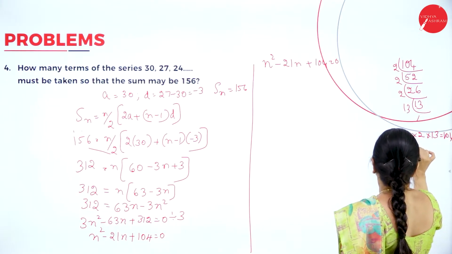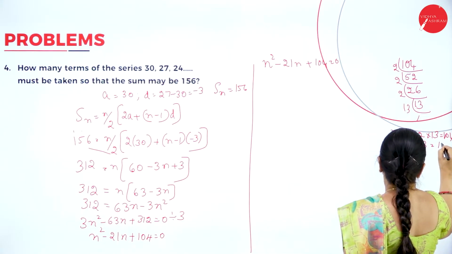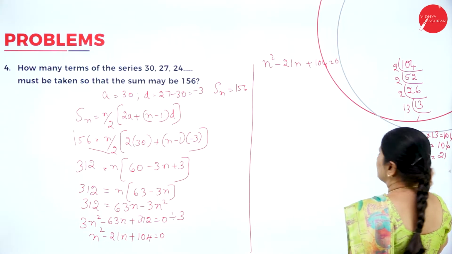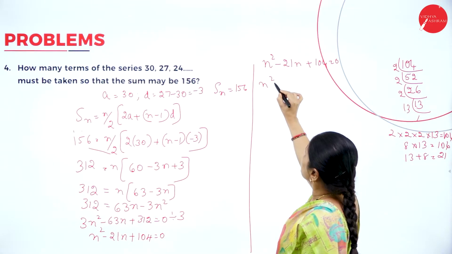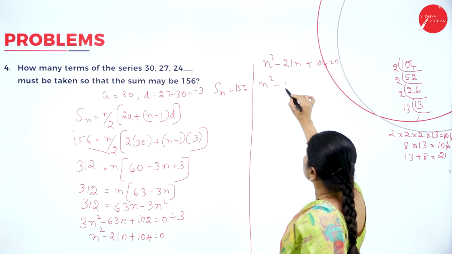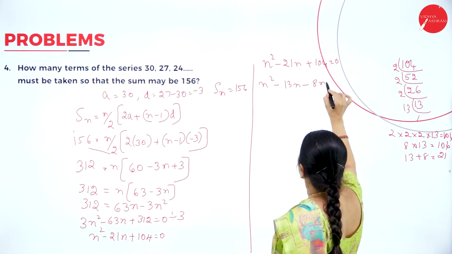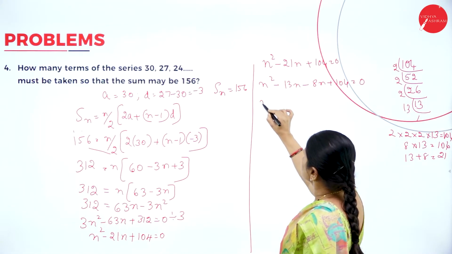So 8 into 13 equals 104, and 13 plus 8 equals 21. So I write this as n square minus 13n minus 8n plus 104 equals 0.